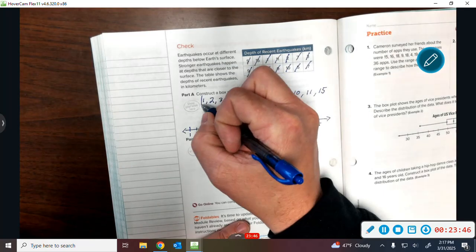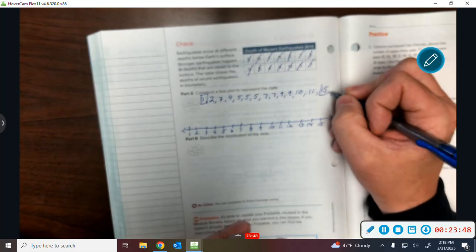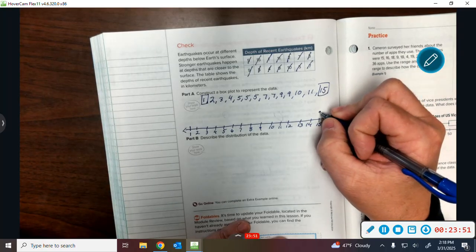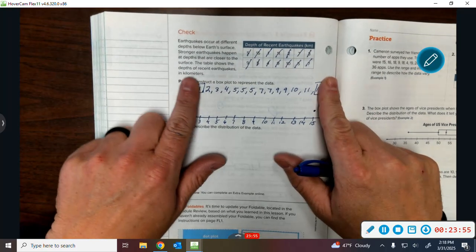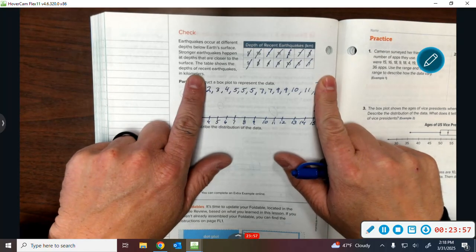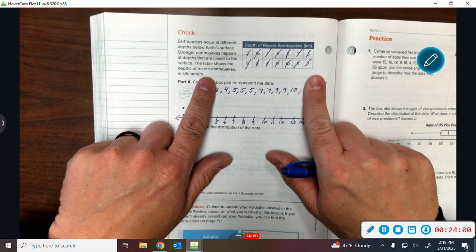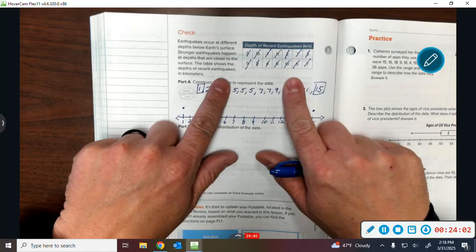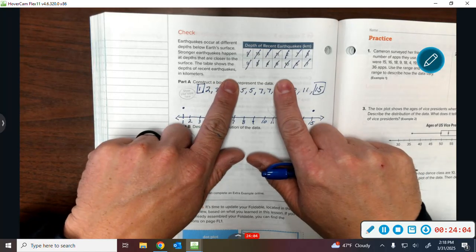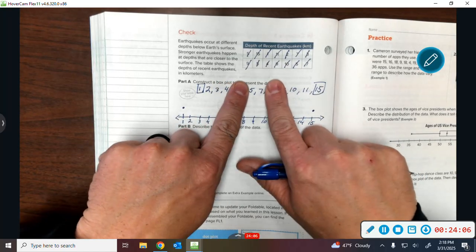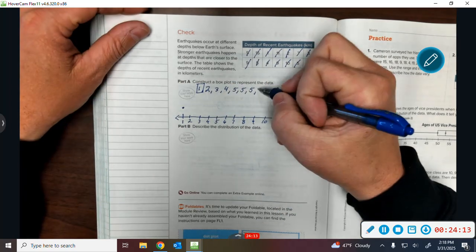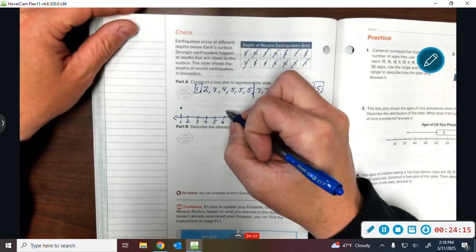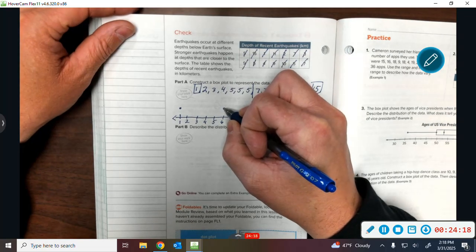We're going to have a lower and an upper extreme, so we put dots at 15 and at 1. Now we need to find our median. We cover up the ends and go one by one. I have 5 and 7 in the middle. So what's between 5 and 7? 6. So our median is 6, and we put a dot at it.